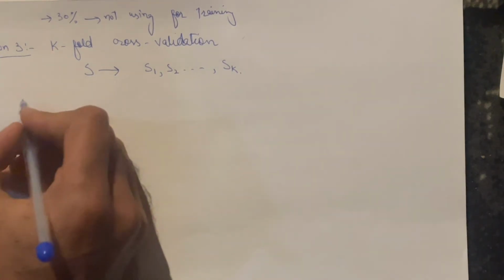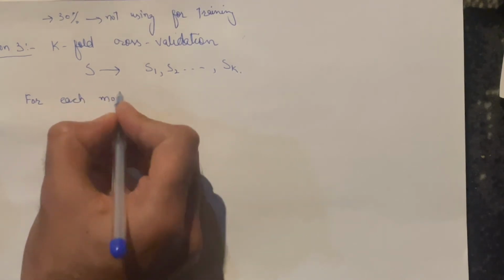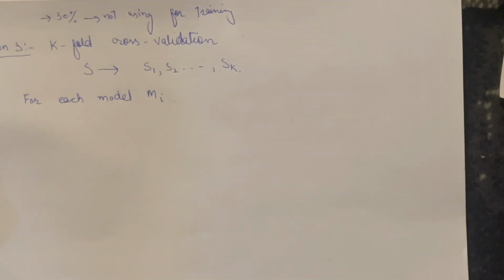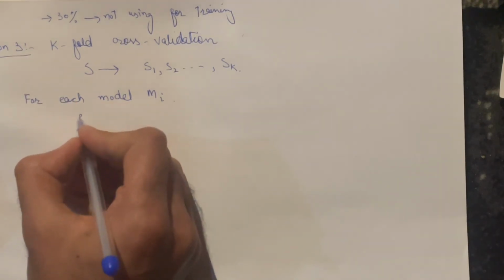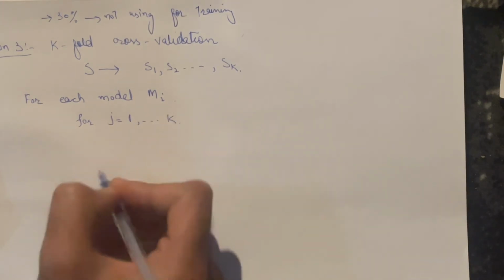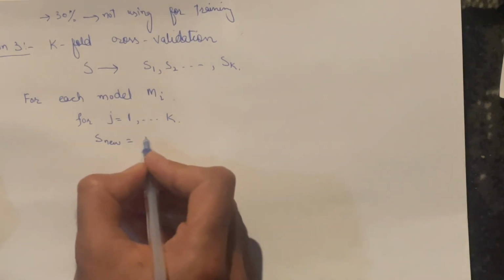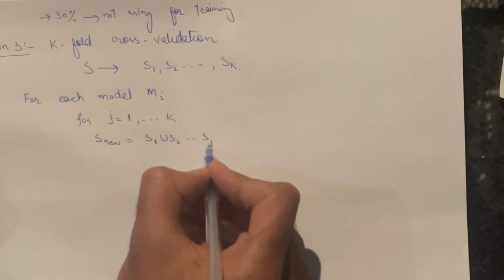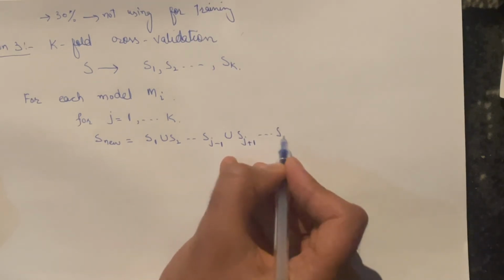Okay, then for each model mi, what this mechanism does is that for j equal to 1 to k, it first forms a new data set, and this new data set is equal to s1 union s2 ... s j minus 1 union s j plus 1 ... s k.